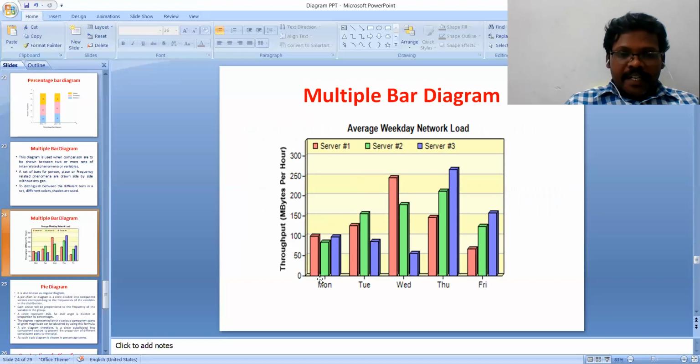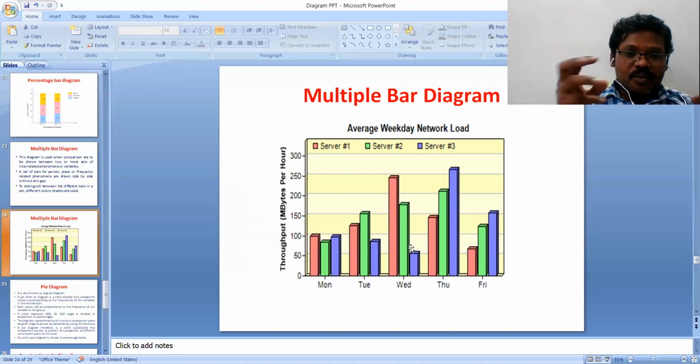On Monday, server 1 has 100% network, server 2 has around 80%, and server 3 has 100%. On Tuesday, server 1 has around 140 megabytes of network, but server 2 has more. Like that we can see the three systems we consider here.